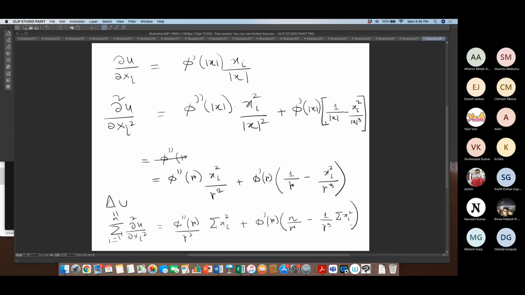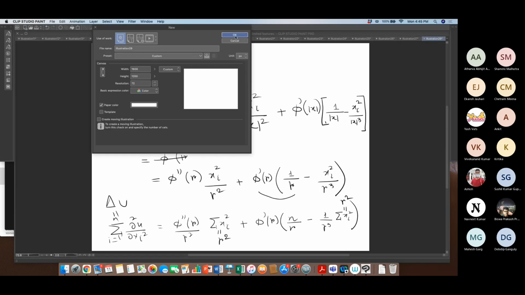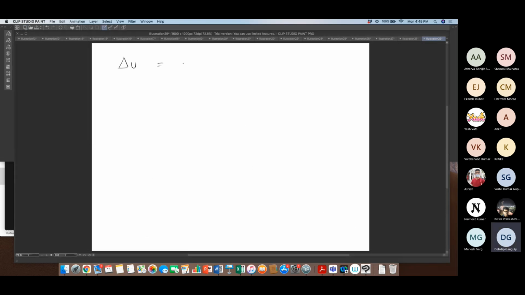If I take the summation, because phi prime r times 1 by r is a constant, the summation i equal to 1 to n gives n, right? Yes or no? So what is summation xi square? It is r square. What will I obtain? Laplacian of u is phi double prime r times r square by r square plus phi prime of r times (n by r minus r square by r cube).